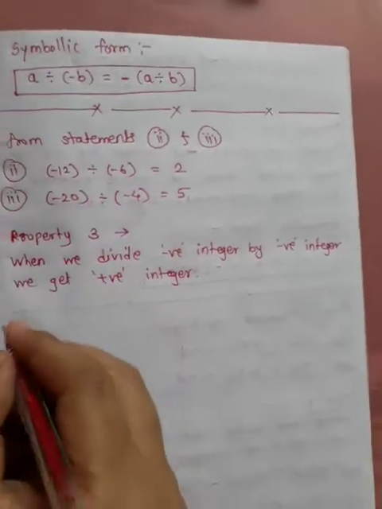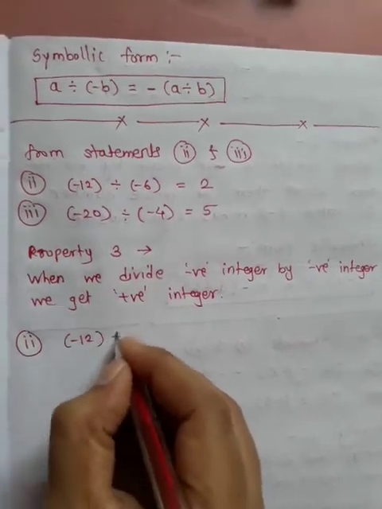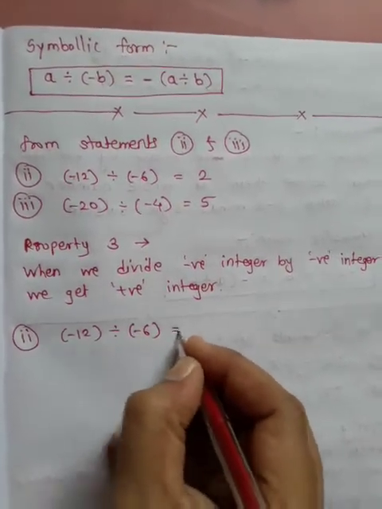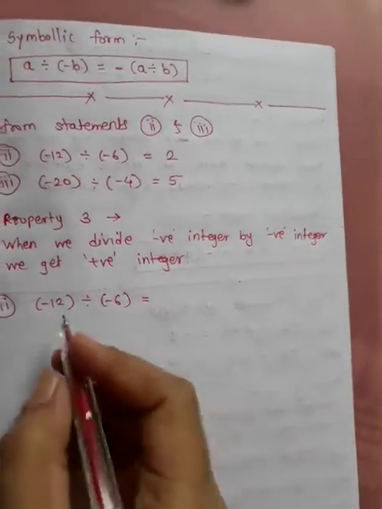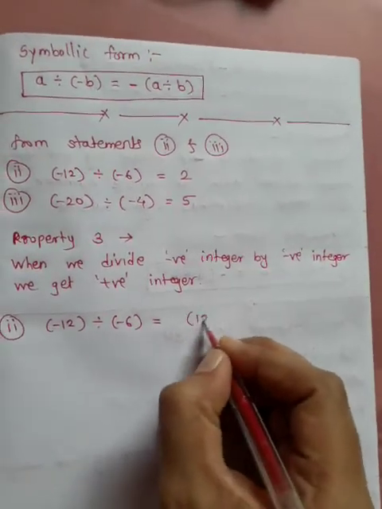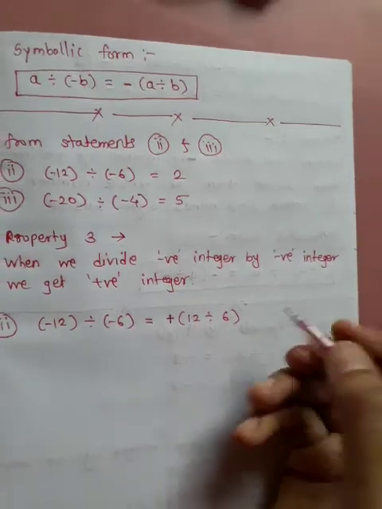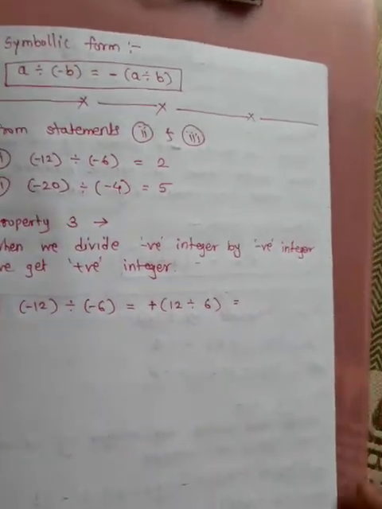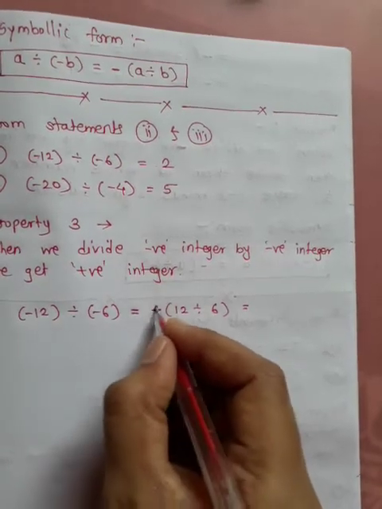Okay, so again I take the second statement. While we do actual division, first divide them as whole numbers and take the plus sign outside. It is not necessary to write plus; if you don't write it, it doesn't matter.